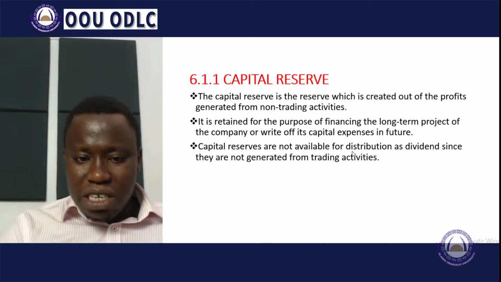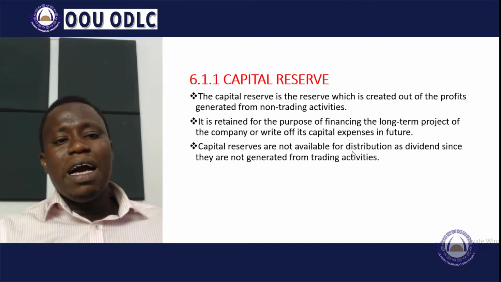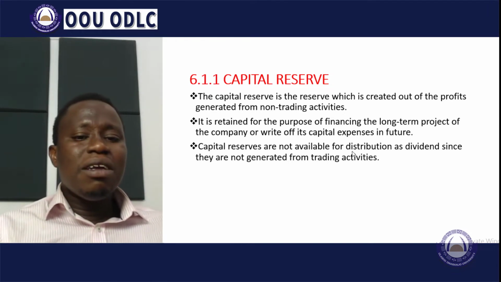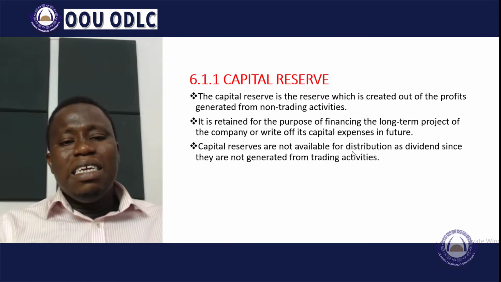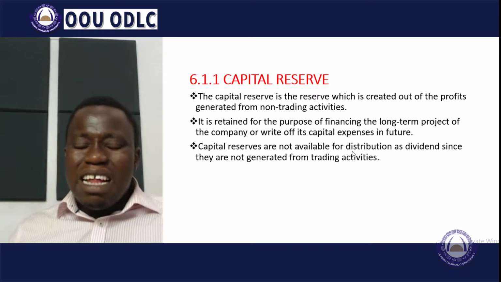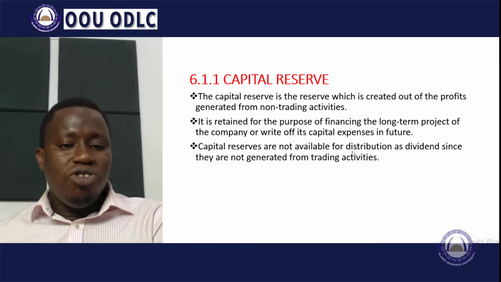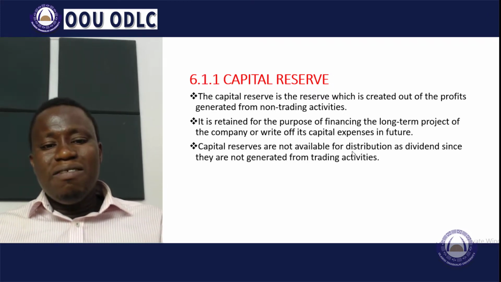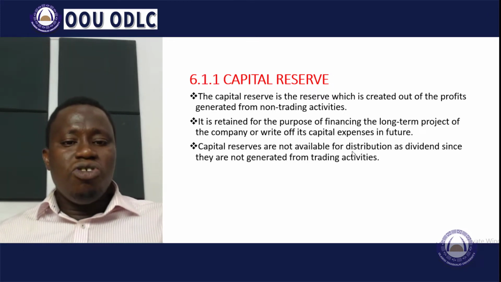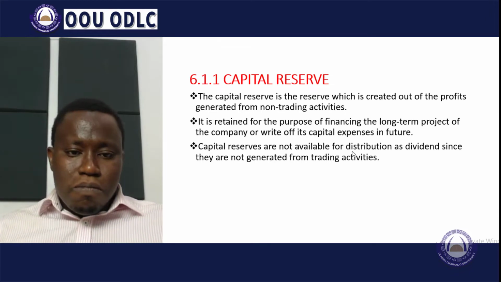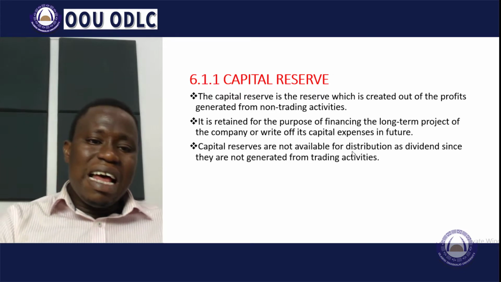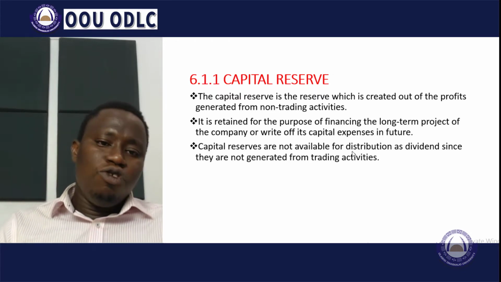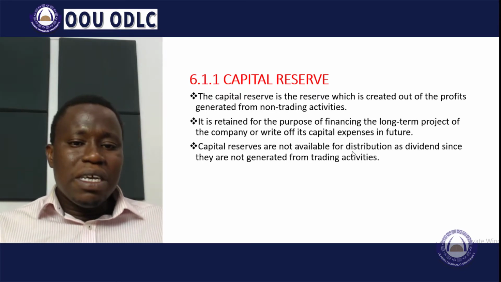Businesses engage in trading activities, which we call their ordinary activities, that is the activities of buying and selling, and they also engage in some activities that may not be buying and selling, which are non-trading. So if a business realizes profit from a non-trading activity, the profit they realize from non-trading activities and that they now set aside for future use is referred to as capital reserve.